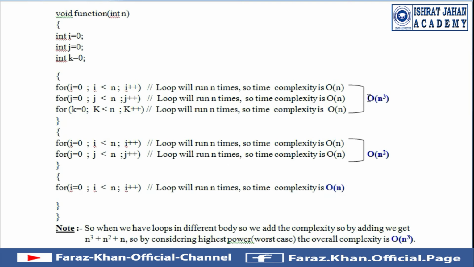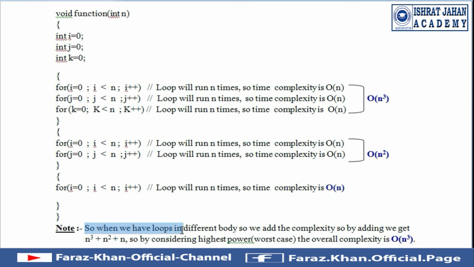The complexity of the first body would be O(n cube). The complexity of the second body would be O(n square). The complexity of the third body would be O(n). So it will become n cube plus n square plus n. For your convenience, I have written all the explanation in the notes.